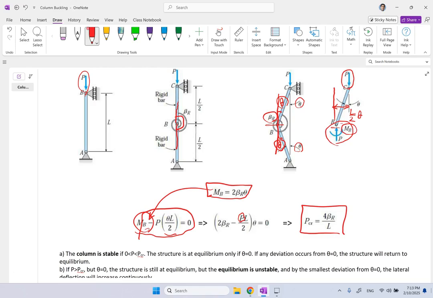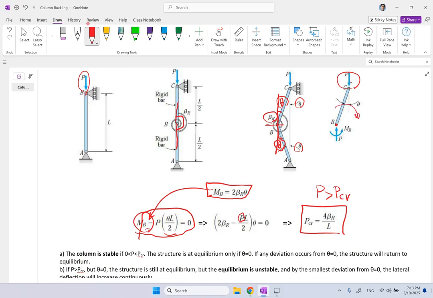Now, what happens in this system? If the P that you're applying from outside is bigger than this P critical, what's going to happen? Well, on one side, that P about point B is going to cause a counterclockwise moment, right?